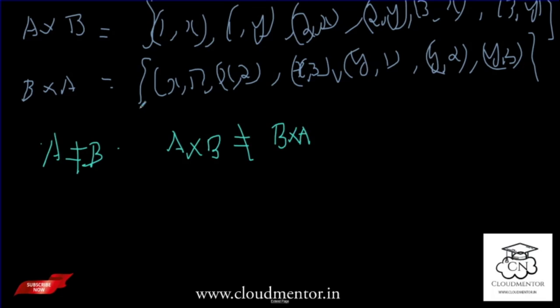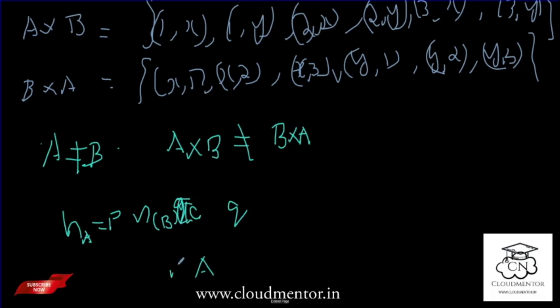If A has p elements, that is n(A) equal to p, and n(B) equal to, let it be q, then A cross B has pq elements.